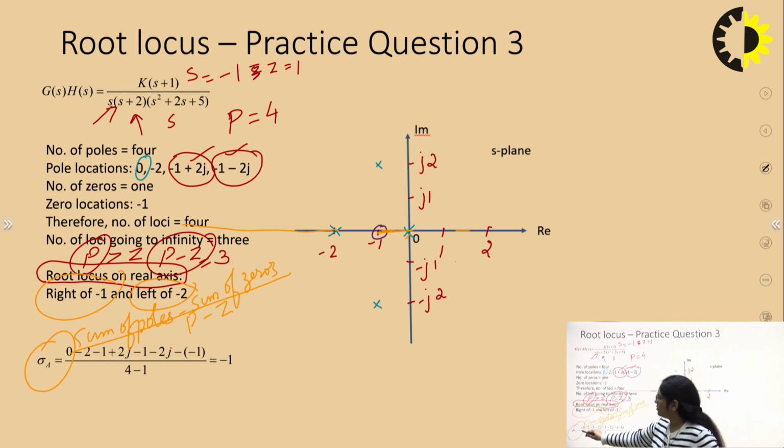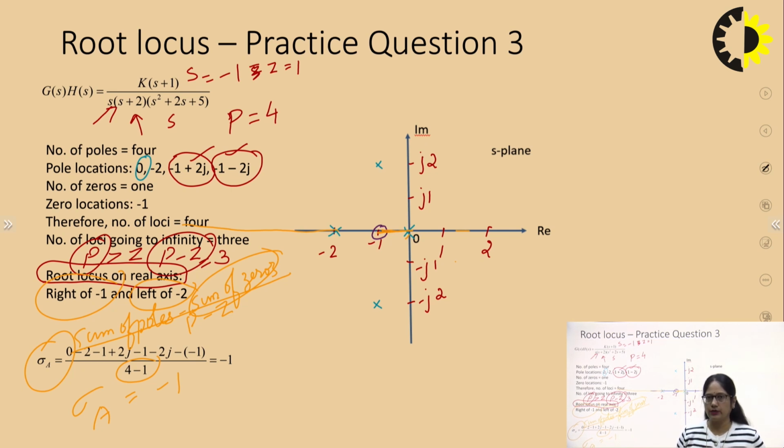So, 0 minus 2 minus 1 plus 2j minus 1 minus 2j, and minus sum of zeros. So, the zero is located at minus 1. On solving this, we find that the centroid is coming out to be minus 1. This denominator is p minus z, which is 3.